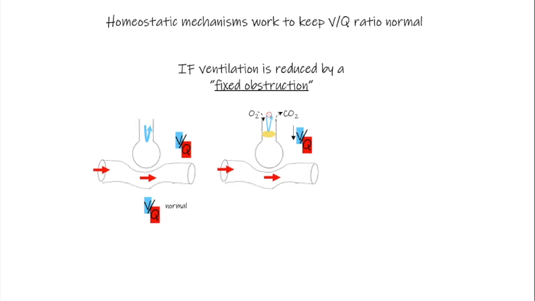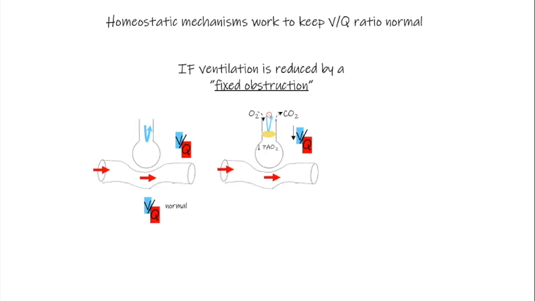So a way to think through how the body responds to this is looking at this on a very local level and saying, if the ventilation is reduced in this area, then we want an associated reduction of perfusion, in essence, to bring that ratio back to normal in this localized area.